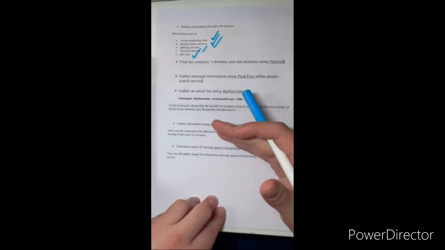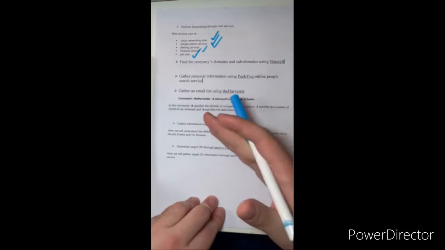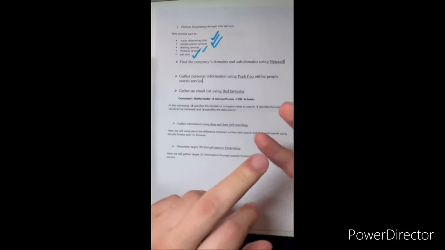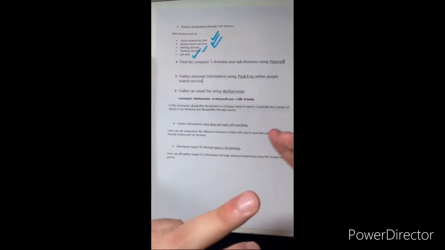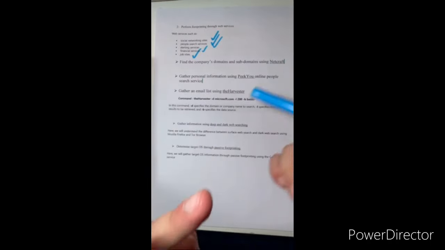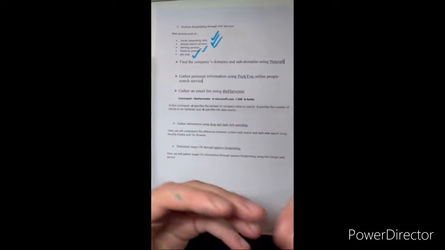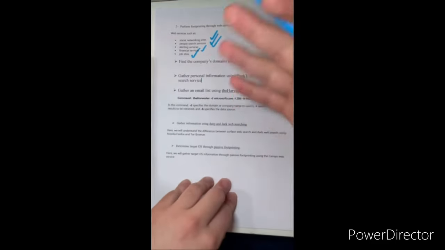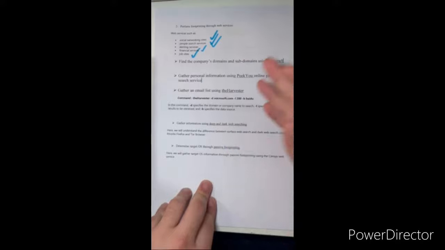By doing so, you can extract critical information such as the target organization's domain, subdomain, operating systems, geographic locations, and even employee details as well, emails, financial information, plenty of stuff.